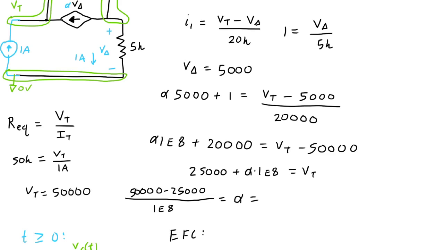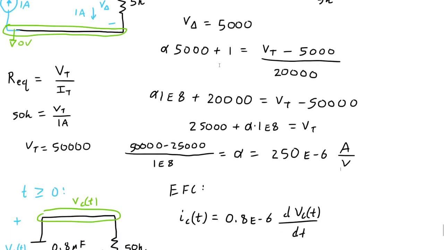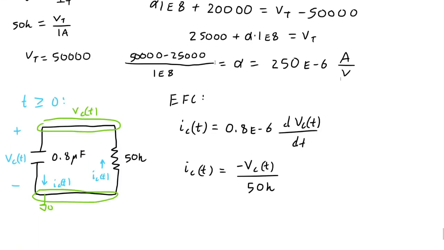Let's see. 25,000 divided by 1E8. I end up with alpha being 250E-6. It's just amps per volt. This is Siemens. It's just the reciprocal of resistance. Anyway, so now we know alpha.